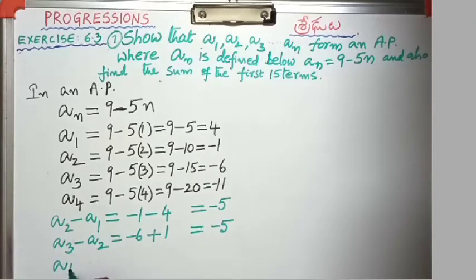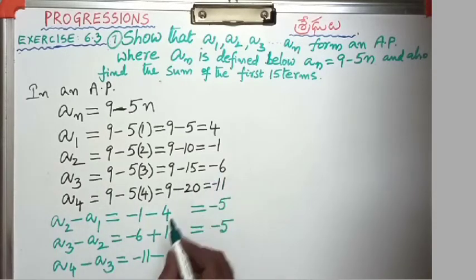Now again you have to find A4 minus A3. That equal to, A4 value is minus 11. Minus A3 value is minus 6. Minus 11 plus 6. That equal to minus 5.